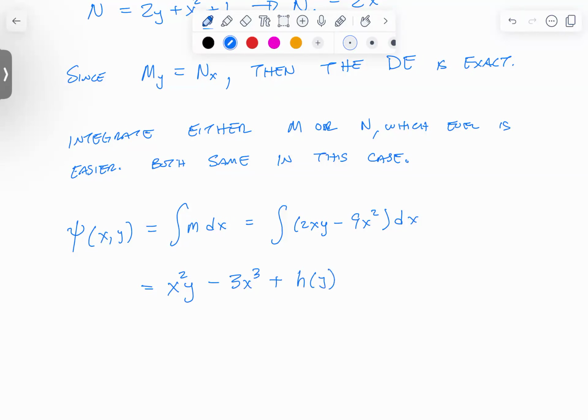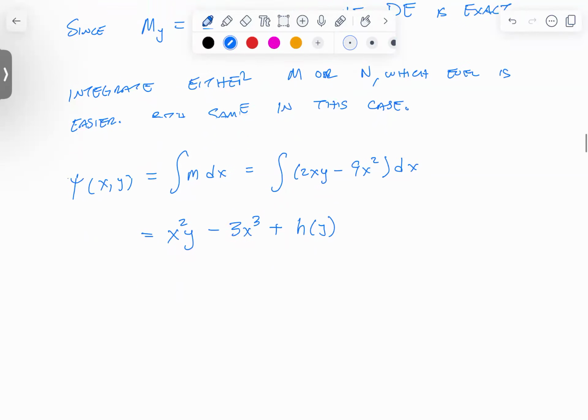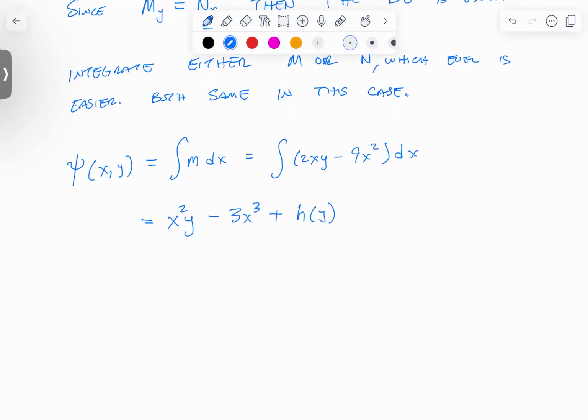Almost. Why? Because we integrated the x's out. So there's just something that has to be a function of y. So it isn't just a constant, because this could be a function: y squared, y cubed, whatever, root y. So there's something with y left. So this is the potential function part.